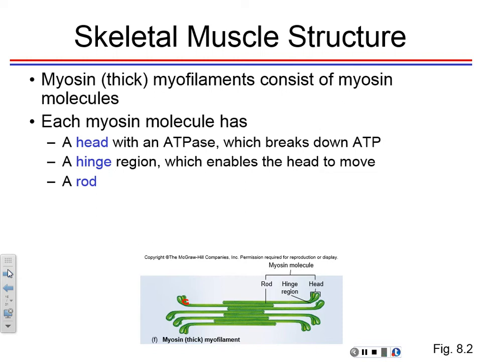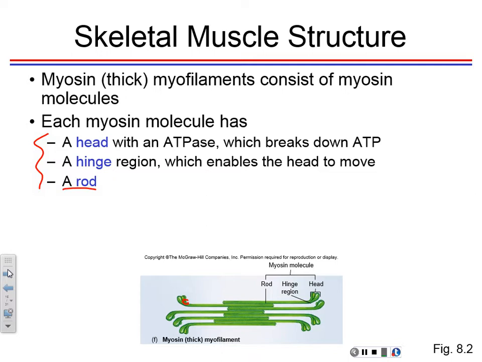Once the actin and myosin are bound, that's a cross bridge formation. And we'll talk about cross bridge cycling when we do muscle contraction. Then of course the head, and then it's got that hinge, and then it's pretty much a bundle of these myosin proteins, and they're thick, and it's rod shaped.